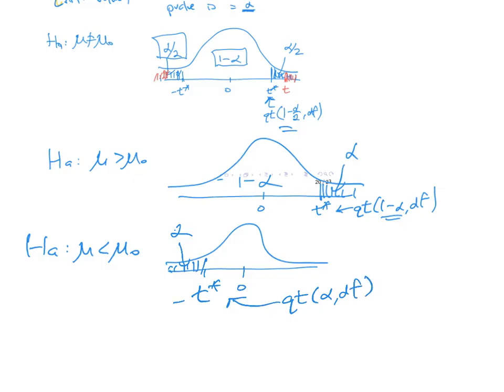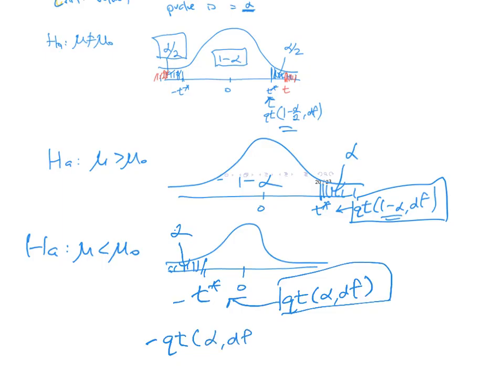But due to the symmetry, this value here and that value are numerically equal to one another. The only difference is that one's a negative value. So negative qt of alpha, df is equal to qt of 1 minus alpha, df, because of symmetry. And by convention, usually the critical value is reported as a positive value. So typically for a one-sided test, this is how we find a critical value.